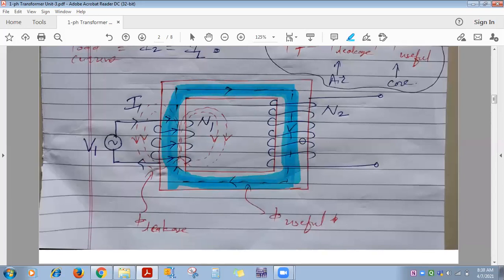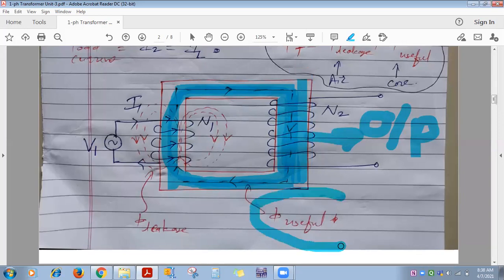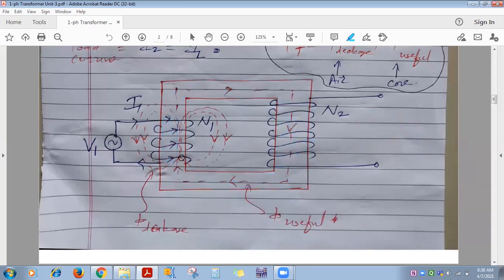And this flux flowing through the core helps in producing the output. That's why it is called useful flux, and it is 95 to 98% of the total flux produced by the primary winding. What happens with the 2 to 5% flux? The 2 to 5% flux will complete its path through air like this. See, through air it is completing its path.